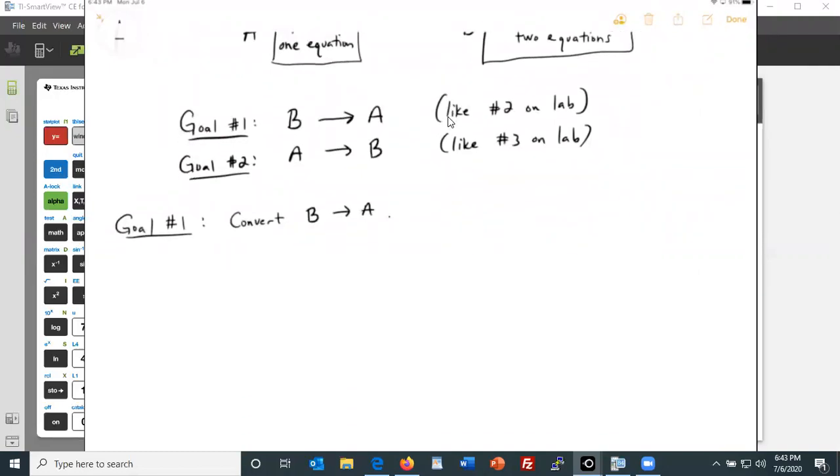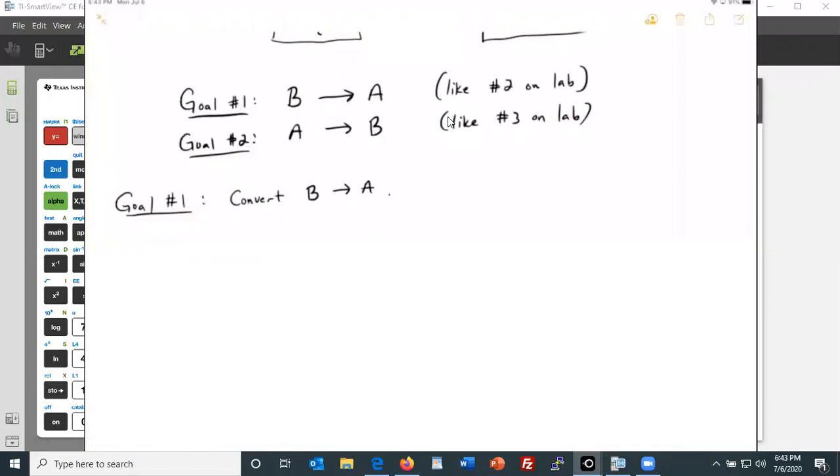All right, so the step that you have to do is this. So convert B to A, and the way you have to do that, since we're going from parametric form, right, so remember B is parametric, A is rectangular, right?